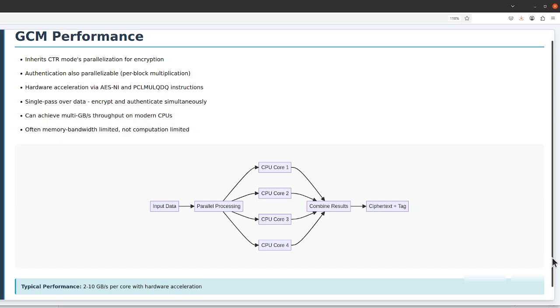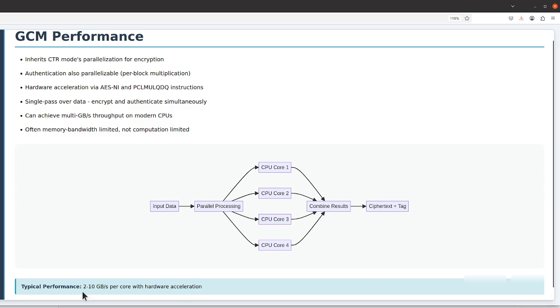Second, the authentication can also be parallelized. While the final accumulation step is sequential, the individual Galois field multiplications for each block can be computed independently and then combined. This means you can process multiple blocks of ciphertext through authentication simultaneously, further improving performance. Third, modern CPUs have hardware support for GCM operations.